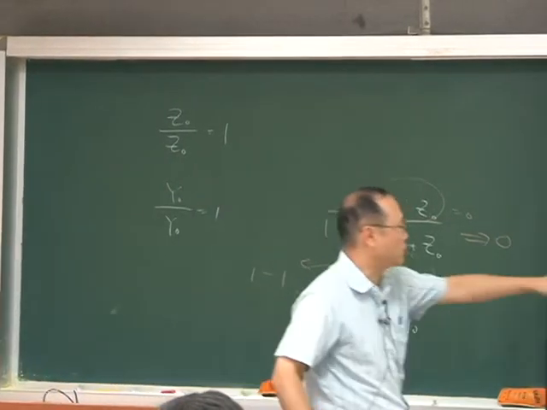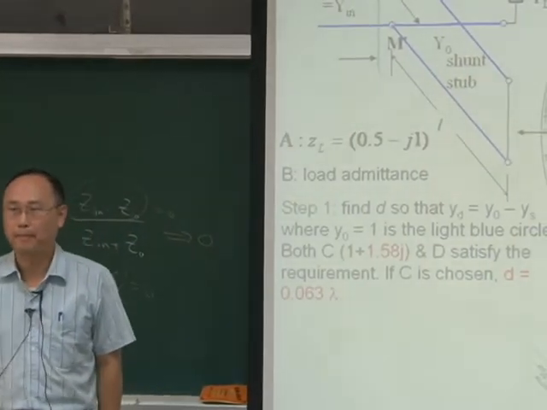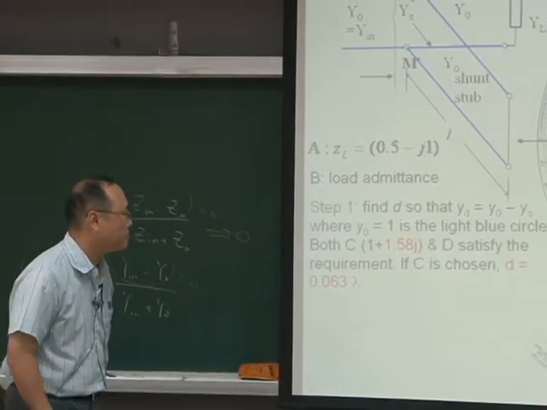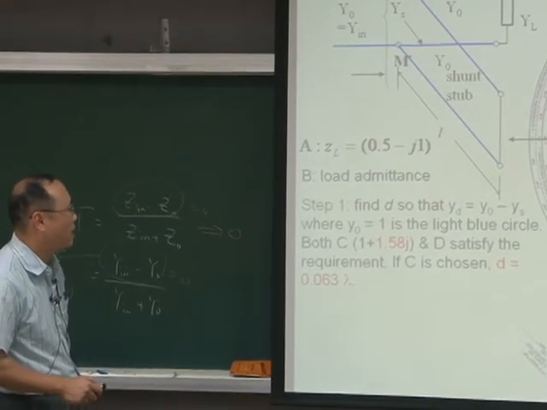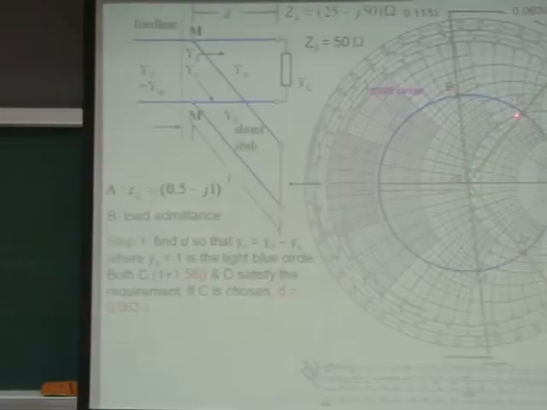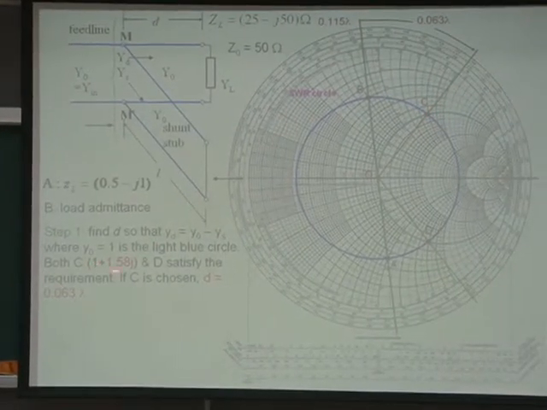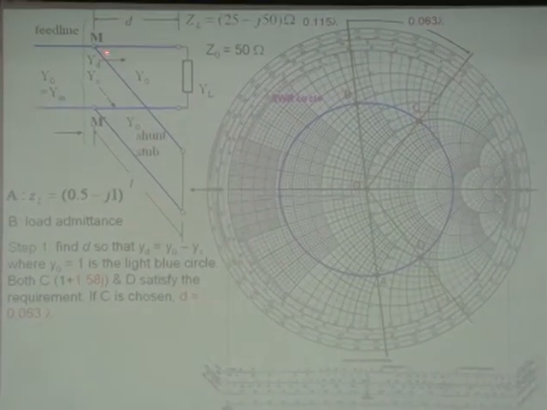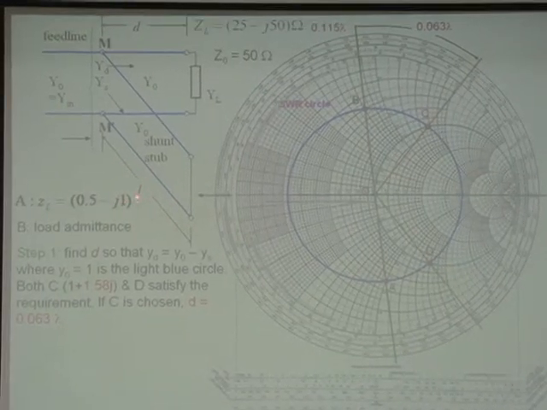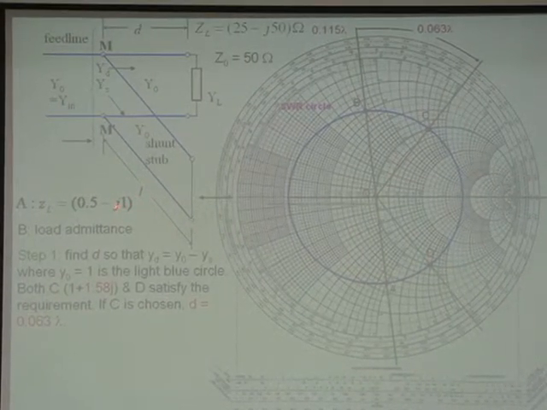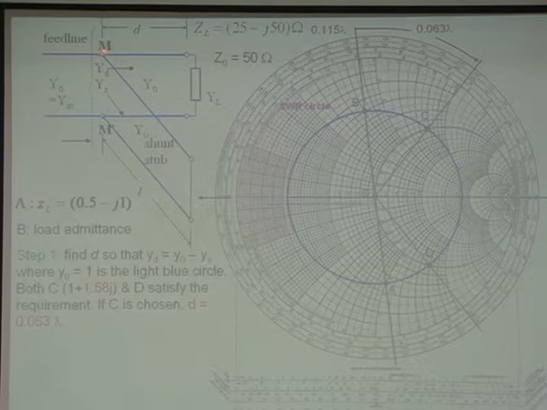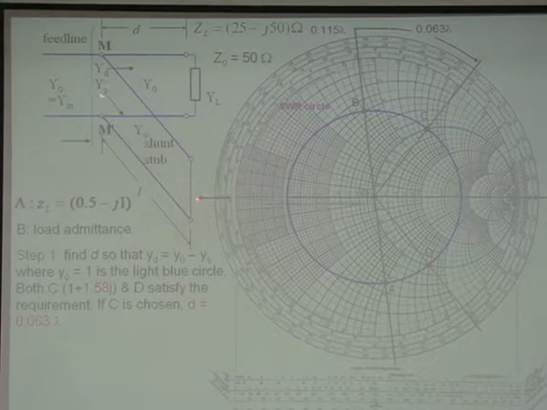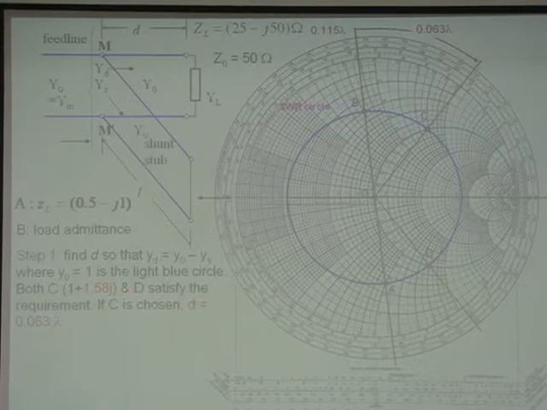Afterwards I also have to cancel this one. How do I do it? Now I move to this point, C, so I have this result. Then I want to determine the length L, the second parameter, so that the admittance looking into this shunt stub gives you minus 1.58j.